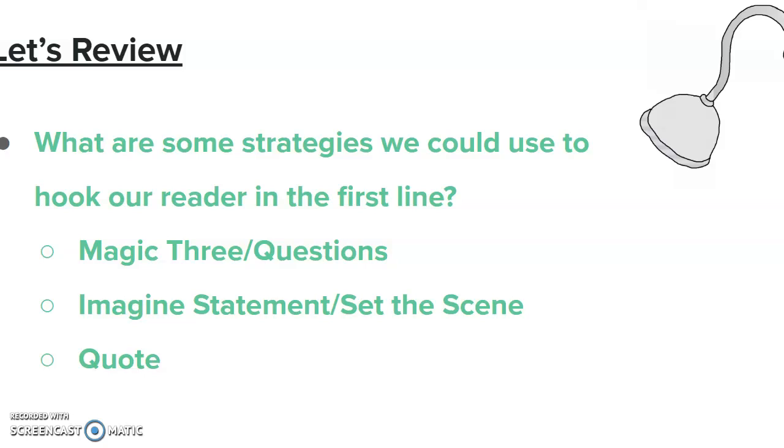Something deeper than that. You might use an imagine statement or set the scene where you put your reader right into the story. Or maybe you're going to find a meaningful quote. That quote could come from the text or it could come from somewhere else. Those were some strategies that we're pretty familiar with, hopefully, and we tried out last year.